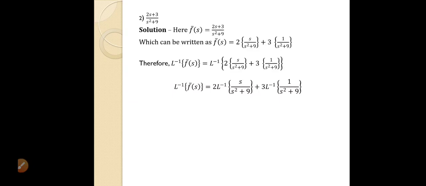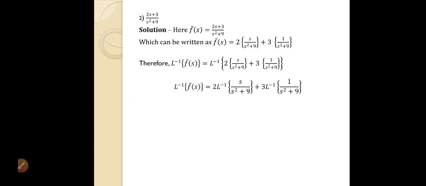Now this is the most simplified form and here we have to use the standard results to find the inverse Laplace transform. Now here the first term is s upon s square plus 9. 9 can be written as 3 square. So the first term is similar to the term s upon s square plus a square, which is nothing but the Laplace transform of cos at.